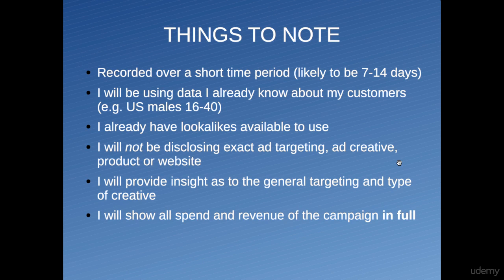Now, I have similar data about my customers and I know the rough demographic, and therefore I won't be testing my product on females, for example, because I know that this is a male product. And if you're selling a product that you have a very strong opinion about who is likely to be interested in this, then obviously don't advertise to the people that you don't think are going to be interested in it. Test the audience that you think is most likely to work first.